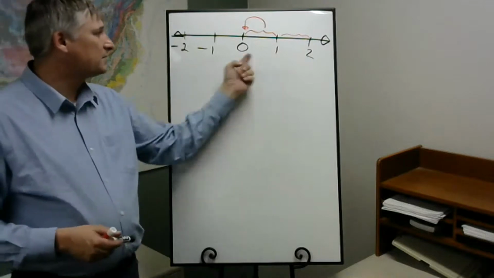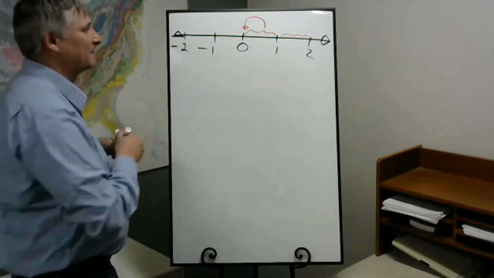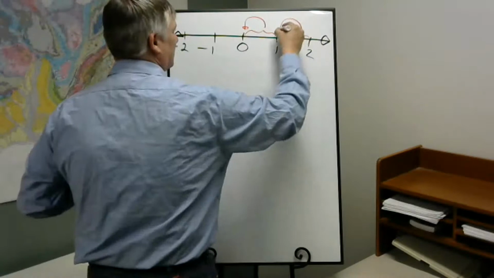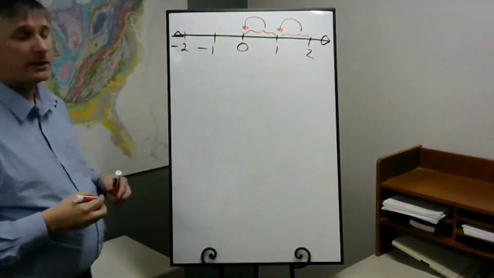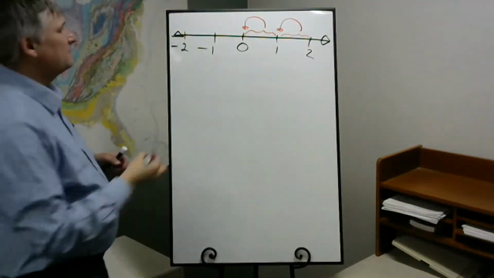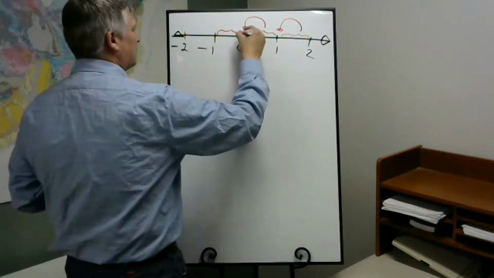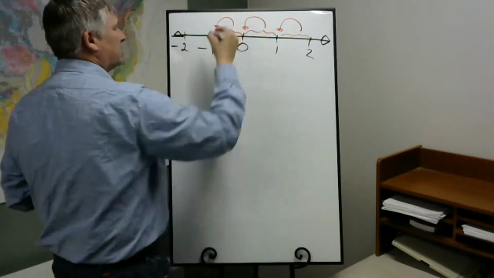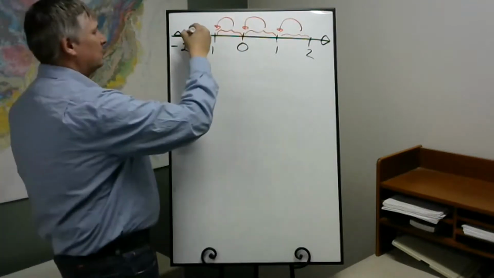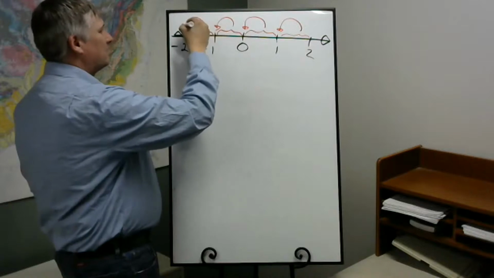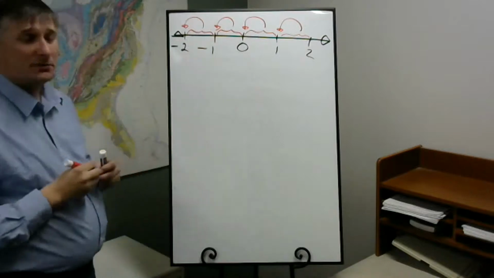The largest of these integers is 1. So they're all going to have a value of 1. And then same with these. They're going to have a value of -1. These have a value of -2.